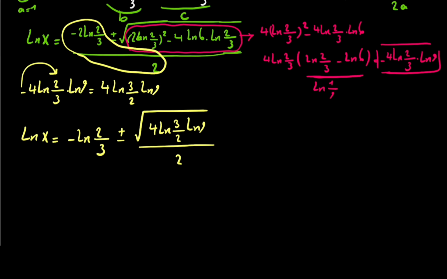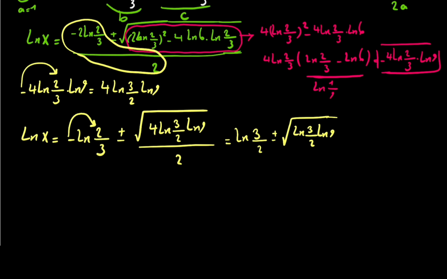And of course, you know that again, you can move the negative, so we can write ln 3 over 2, positive and negative square root of 4, we can cancel 2 and 2 on the top and the denominator. So the answer will be equal to the square root of ln 3 over 2 times ln 9, right?